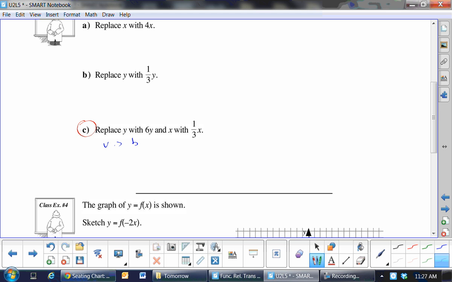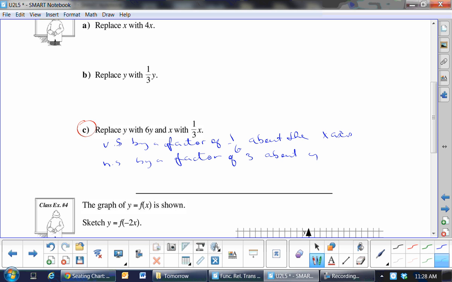Vertical stretch by a factor of 1/6 about the x-axis, and a horizontal stretch by a factor of 3 about the y-axis. Okay.